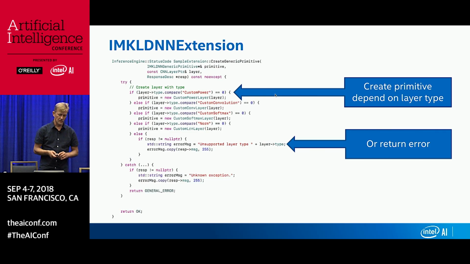So this is from one of our samples. Here in the MKLDNN extension, we are just checking the layer type, and if it's, let's say, custom power, custom convolution, custom softmax, and so on, we return instances of these classes, which will be used to run these operations.